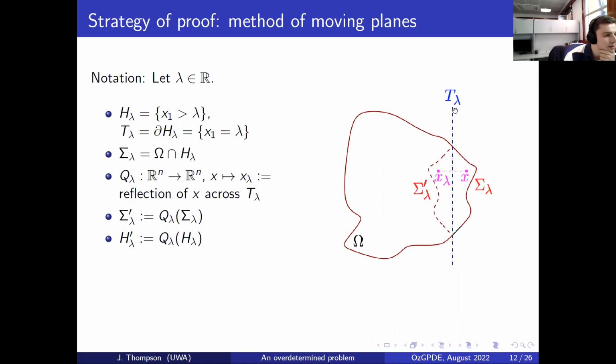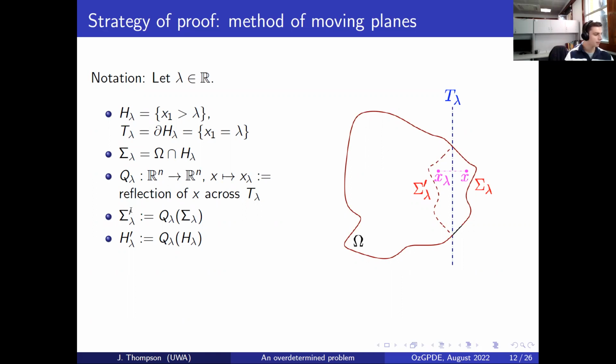And when we slide this plane, we're going to take the part of omega that's on the right of the plane and reflect it across the plane. So the notation we have here is h lambda is the half space on the right of the plane, and then sigma of lambda is the part of omega that's on the right of the plane.